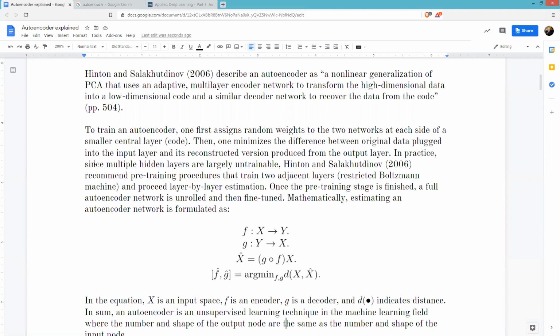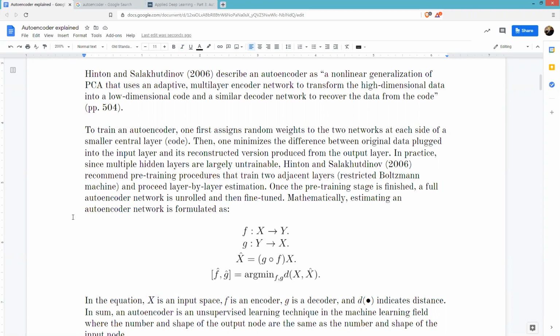In the equation here, X is the input space, and F is the encoder because it moves from X to Y. The dimension of Y is smaller than the dimension of X because it's a dimension reduction technique.